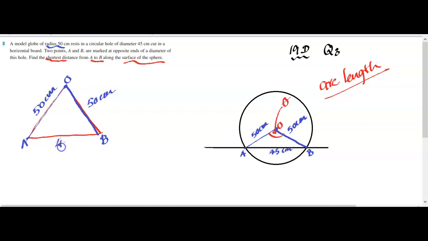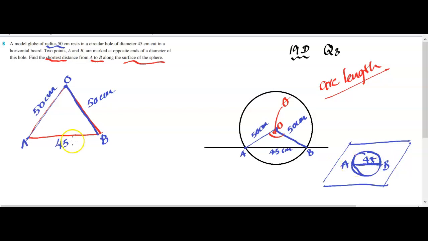And this is 45, the diameter of the hole cut into the board. If I draw the board like this, there's a hole and the ball is put into this, so the diameter of this is 45. So this is A and B. In order to find this angle theta, you can use the cosine rule.